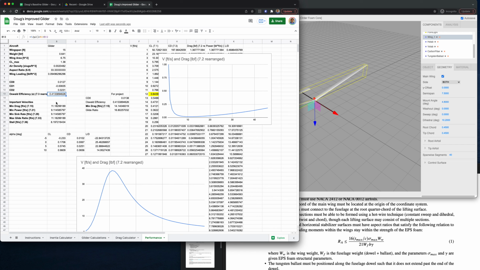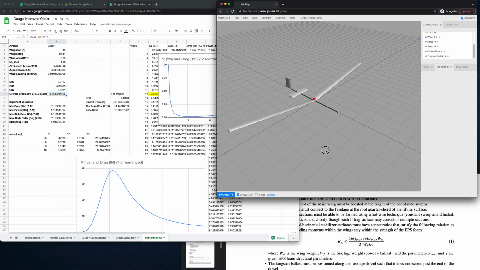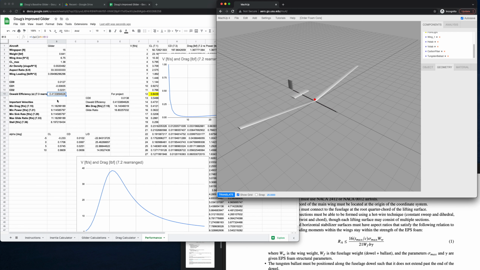Wow. So we might think, well, that was a bad idea to increase the wingspan or the aspect ratio because my Oswald efficiency dropped. Well, the Oswald efficiency is a measure of how well you're doing relative to an elliptic wing. And because your aspect ratio is so high here, it actually doesn't help you a whole lot to go to an elliptic planform.